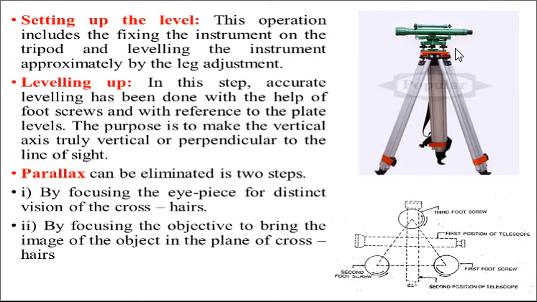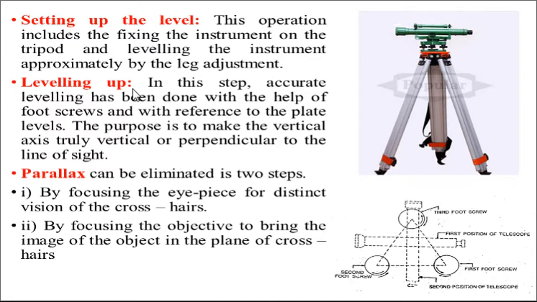We fix this leveling instrument on the tripod legs with a screw. At the same time, with the tripod legs we make the approximate level for the instrument so that accurate leveling can be done with the help of the foot screws. This is called setting up the level.